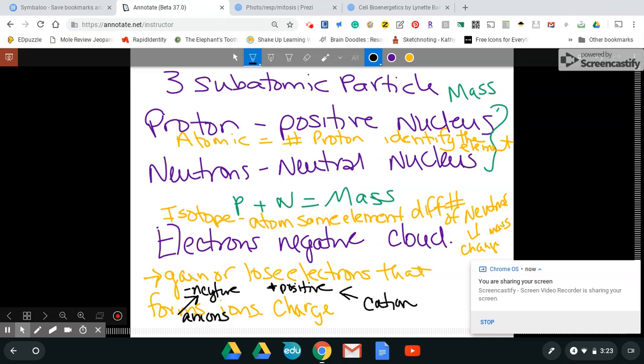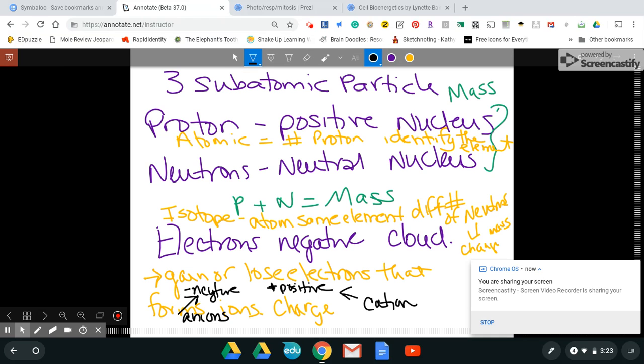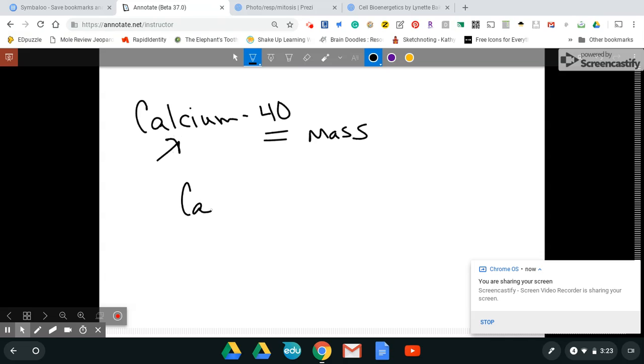So, what I want to do is go through and show you, here's a couple more things before I get to looking at the chart. If you see something like calcium and the number 40, this right here is the mass. You find the atomic number by just simply looking at where calcium is on the periodic table. You might see calcium written like this.